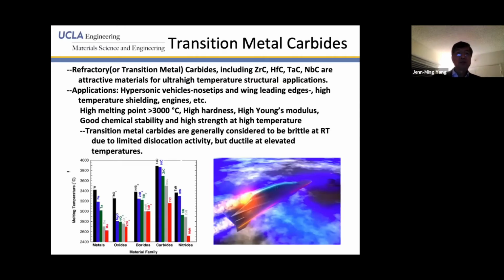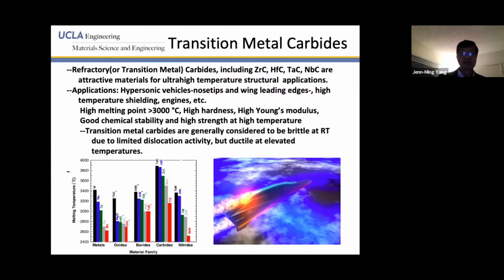As we know, transition metal carbides, including zirconium carbide, hafnium carbide, tantalum carbide, and niobium carbide, are attractive materials for ultra-high temperature applications. This is because they have many very attractive properties, including very high melting temperature.